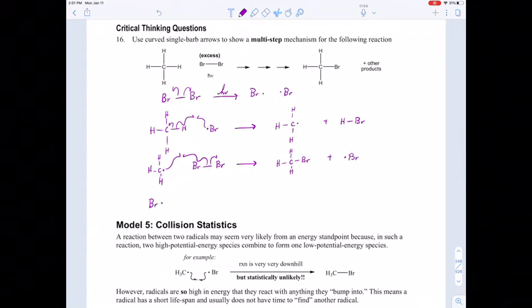What would happen if we have two bromine radicals, or two radicals period, come together? I guess I maybe should draw this a little bit differently. How about here?